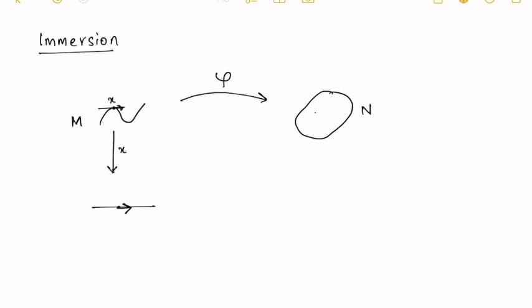Similarly, let's say we have a tangent space at this point, which is the image of the point x through the mapping function psi. So this is psi of x.